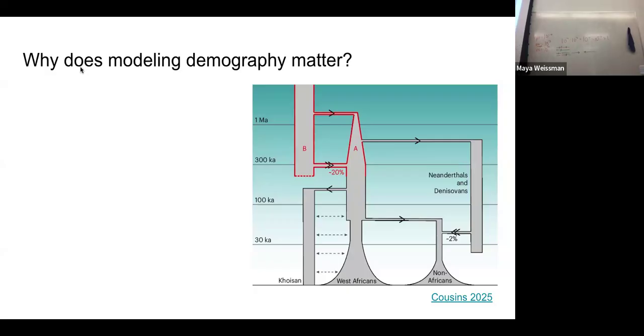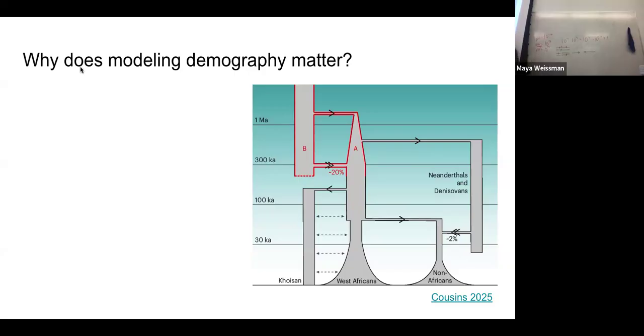And so these graphs are showing introgression or gene flow between this ghost B population and the A population. And then the A population splits off into the Khoisan and West Africans.